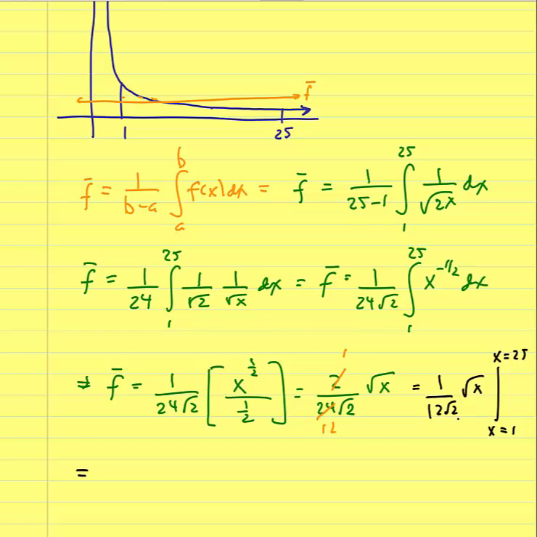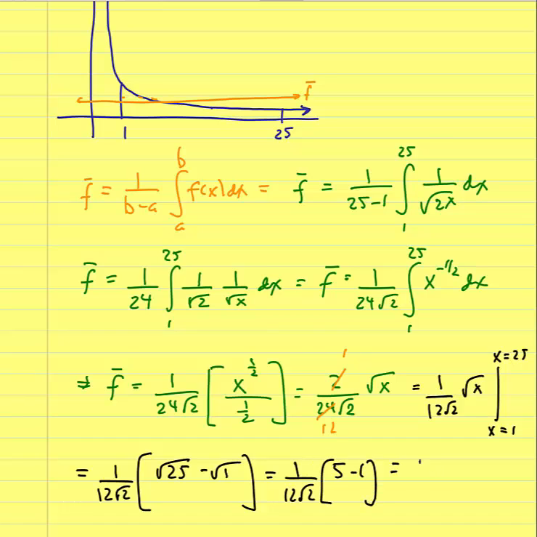This is a coefficient, and I'm just going to pull it out front, and then I'm going to evaluate my variable component. So that would be root 25 minus root 1, always upper minus lower. So square root of 25 is 5, square root of 1 is 1, 5 minus 1 is 4. So I'm left with 4 over 12 root 2, and of course 4 goes into 12 3 times.